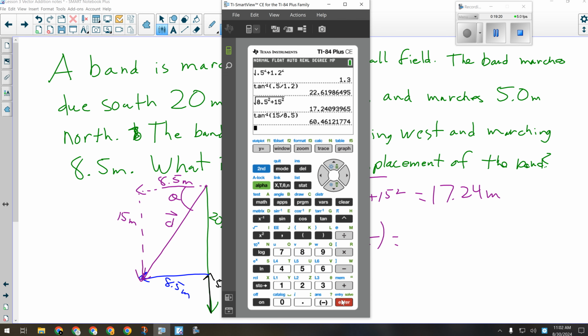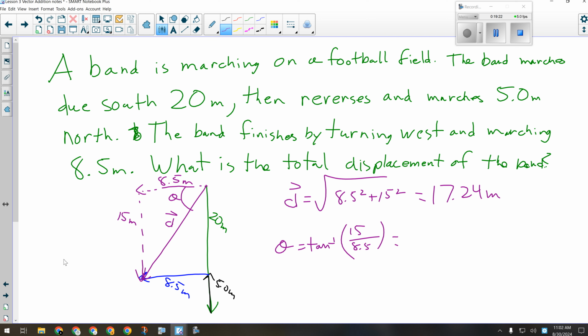Okay, so for me it's 60.5 degrees, and that'll be south of west. So if you got 29.5 degrees west of south, you're also good. Okay, everybody all right with that?